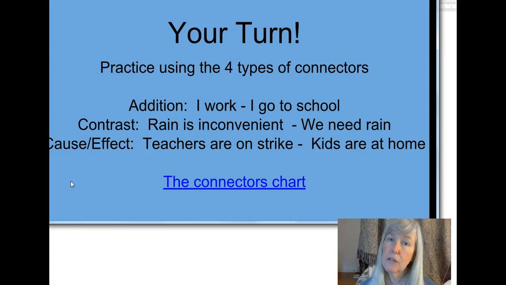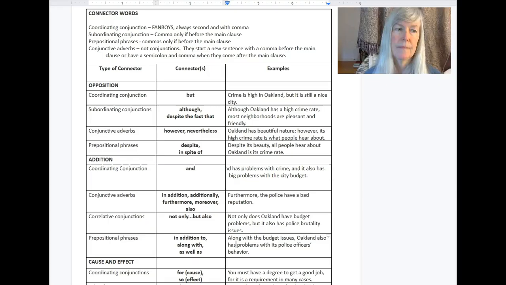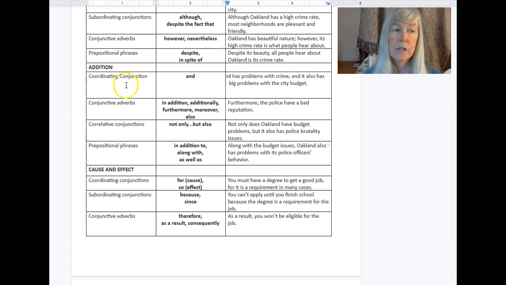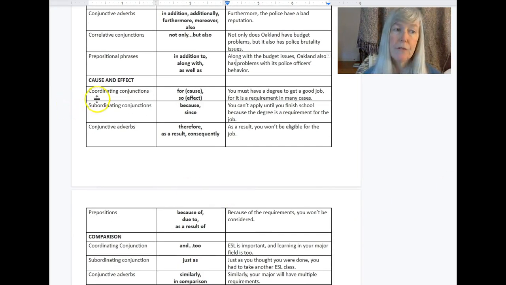Let's look at the connectors chart one more time. So this connectors chart shows the four different ways that you can express opposition. Four different ways you can express addition. Four different ways you can express cause and effect.